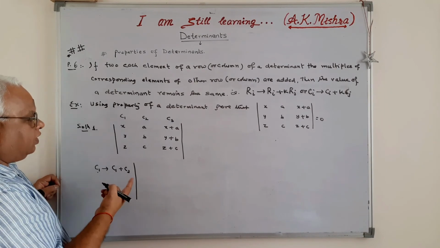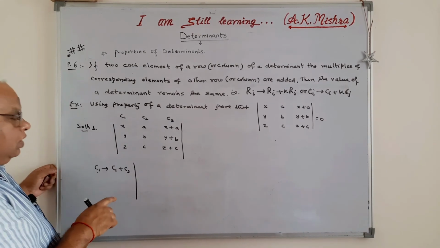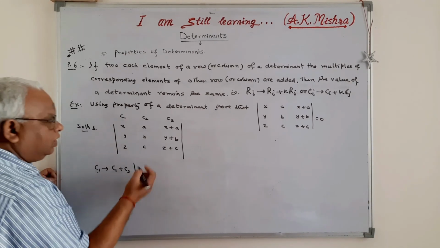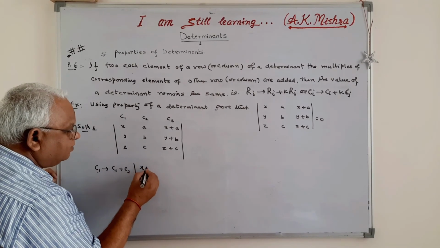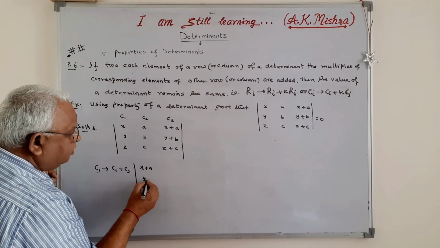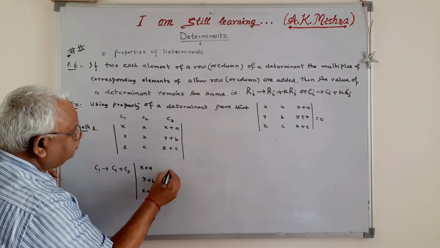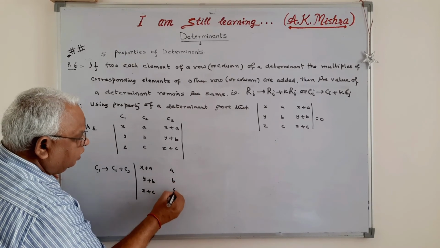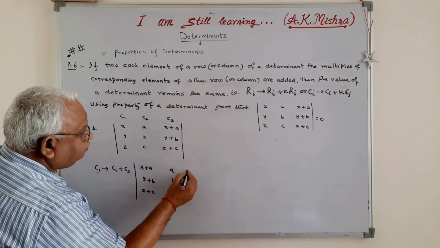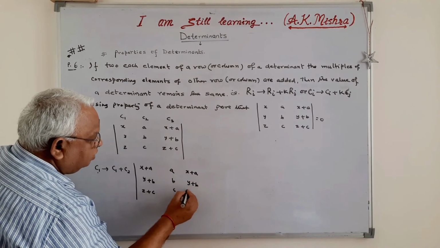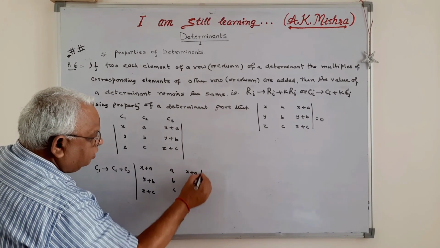It is not necessary that you need to multiply by a scalar. If only one time is required, you can do that. So it will become x plus a, y plus b, z plus c, a, b, c, x plus a, y plus b, and z plus c.